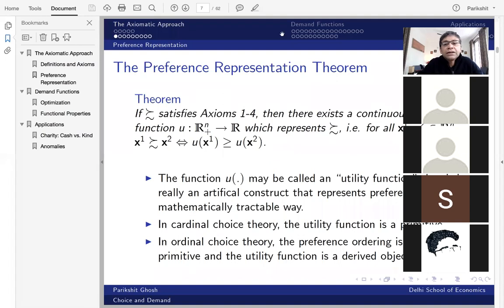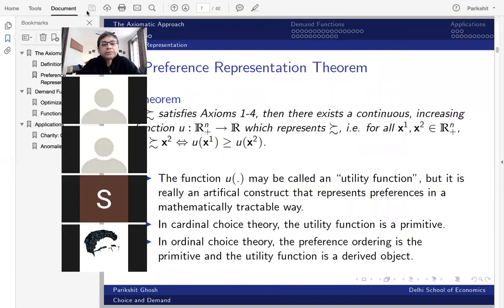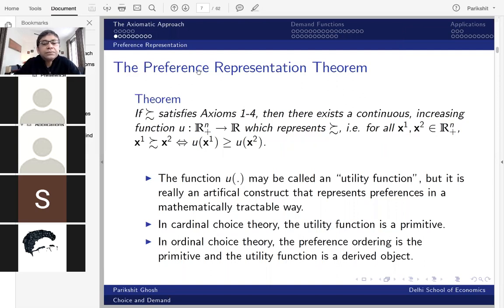It says that if all these four axioms are satisfied for some consumer, then there exists a continuous increasing function u which represents these preferences, meaning that whenever one bundle is weakly preferred to another, this function which the theorem is claiming exists will generate a higher number for the more preferred bundle. So that's the sense in which it represents preferences.